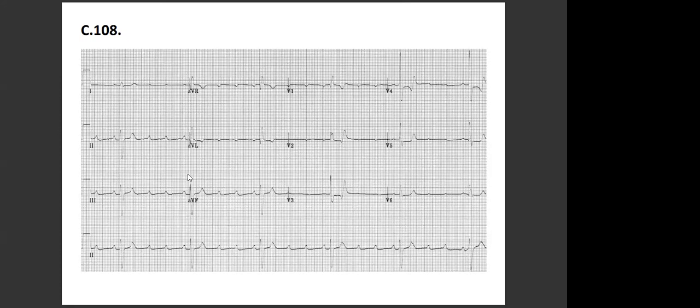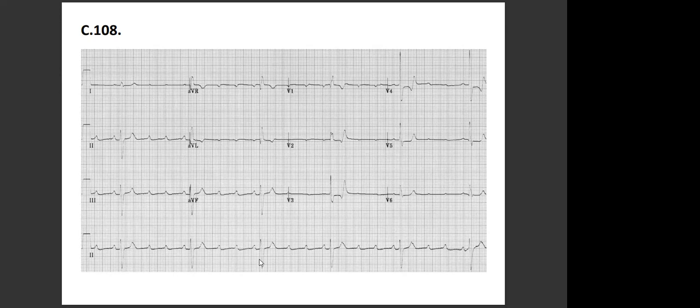Wow, 108. That's mine. Okay. First of all, it is rhythmic. I got the ventricular rate and the atrial rate respectively. The ventricular one is 35 BPM and the atrial one is 150 BPM. So the atrial one is way larger than the ventricular one.